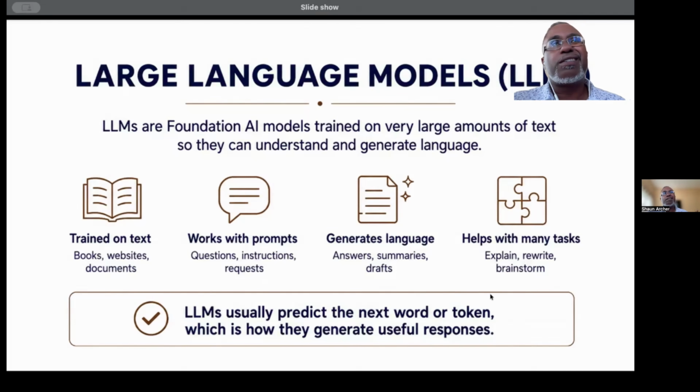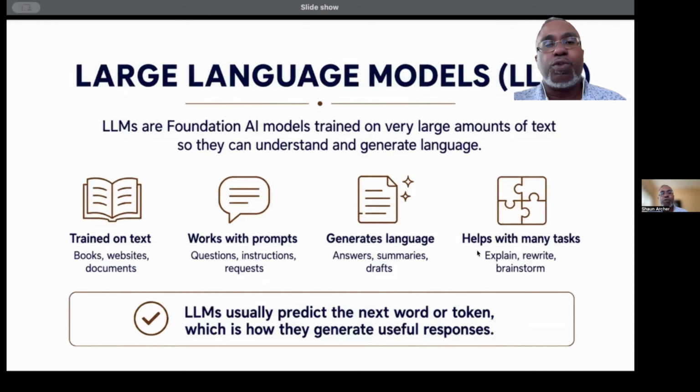A token is about equal to 0.75, like 3/4 of a word, essentially. But it's more than that. It also is essentially a section of a sentence that the model breaks its words into, all right? So it's just a way of the model being able to count how much it's going to tell you.